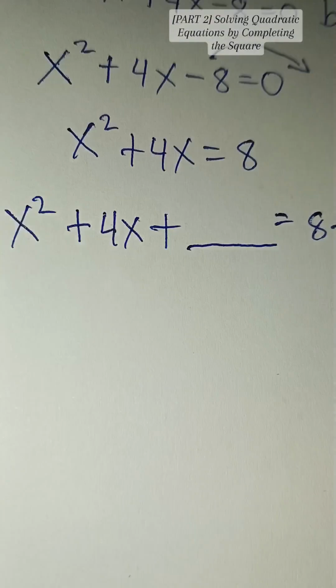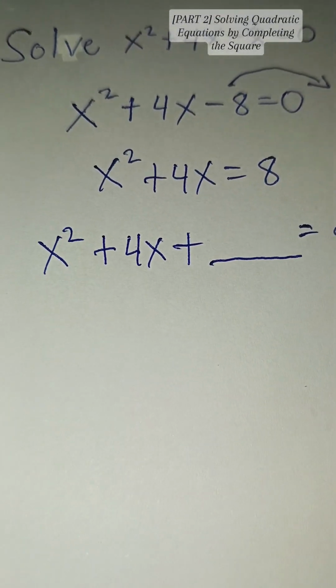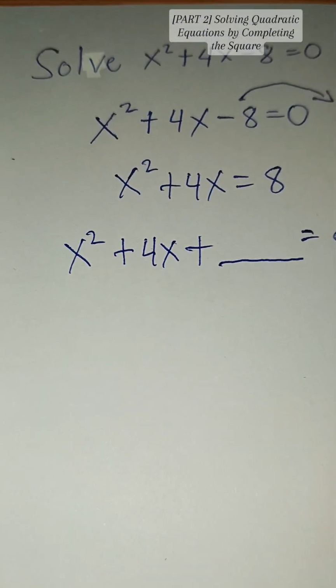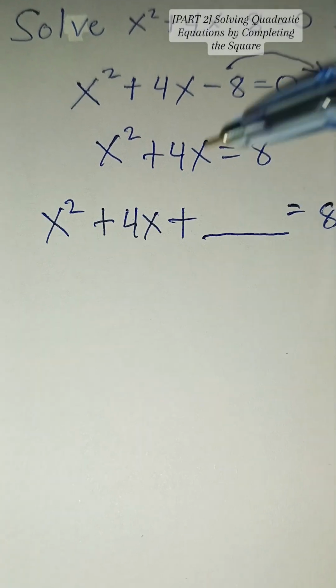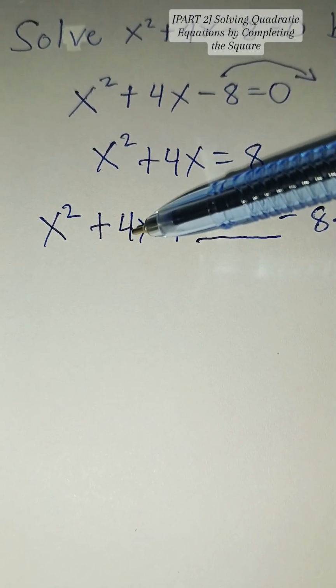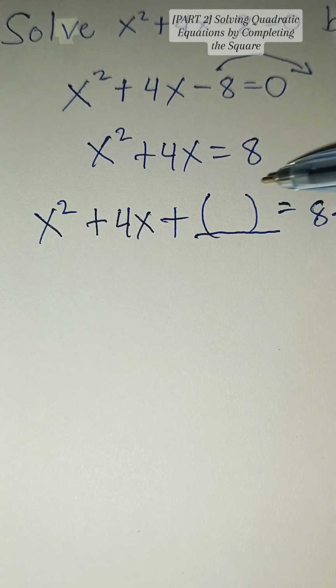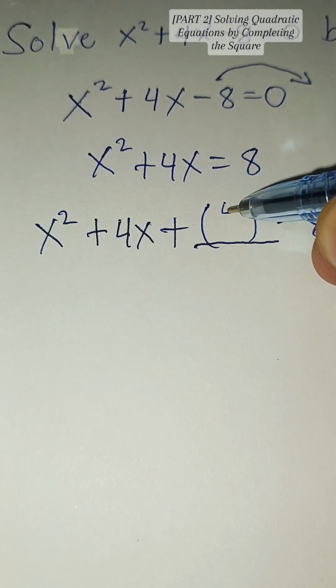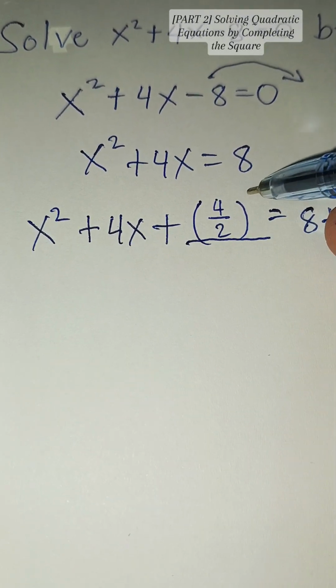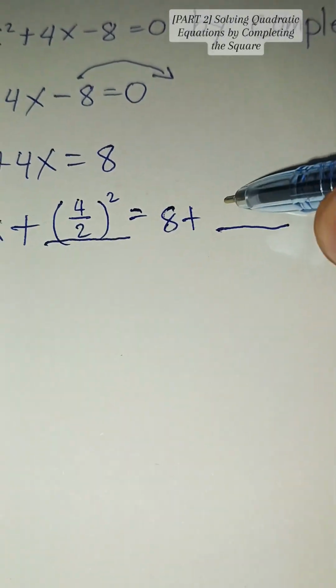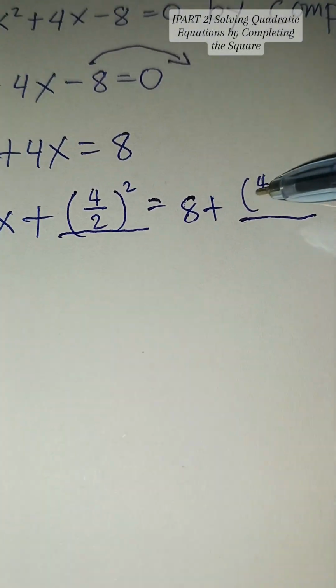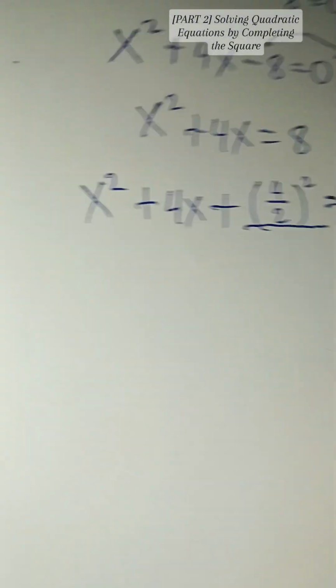The first thing to do is identify the coefficient of the middle term on the left side, which is 4. So we put parentheses here, then 4 over 2 squared.